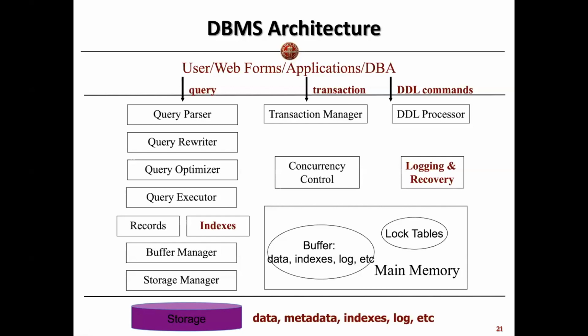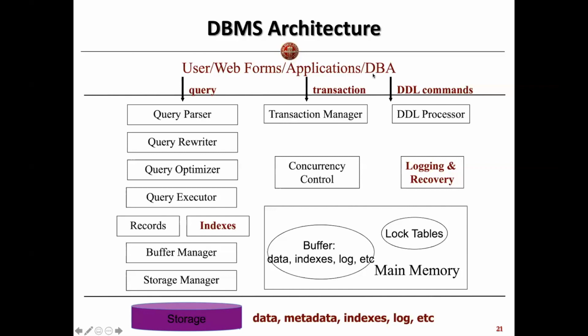And the system is running based on the memory as well. And inside this memory, we have different data structures to help us speed up the execution process of a DBMS. And you may also wonder who will be the users. Actually, besides the human being, we can also have different kinds of applications or web forms as a user as well. So the user will be a very general term for the DBMS.